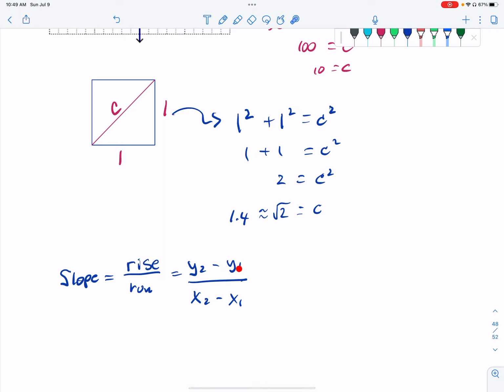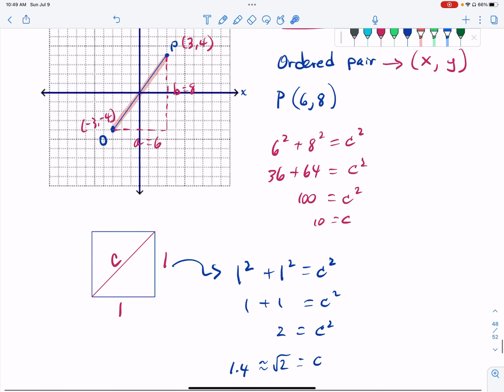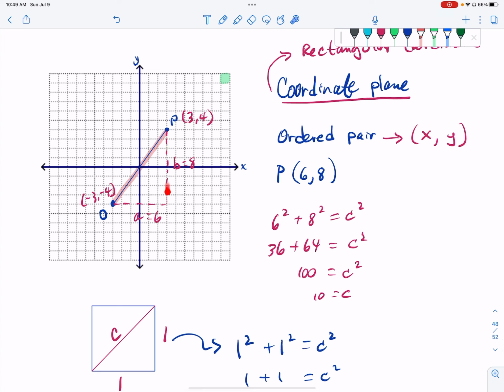Now, which one is y1 and which one is y2 really doesn't matter, but once you have decided on the order of those 2 things, you keep it consistent for the bottom. When you find the difference between y2 and y1, what you're essentially doing is finding this vertical length that's right here. So watch. I have a 4 and I have a -4.